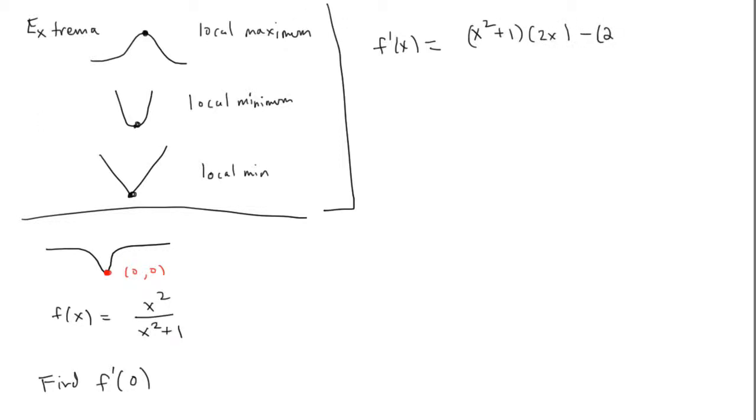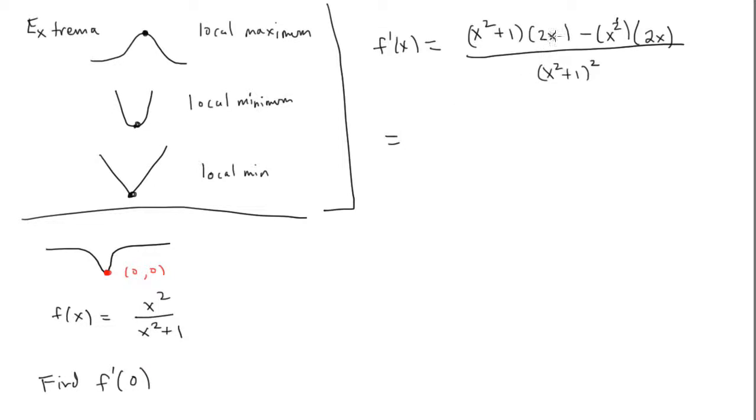Oops, top is x squared. x squared times the derivative of the bottom thing, which in this case is also 2x, because the derivative of this constant 1 is 0. And then we need to divide that by the denominator squared.